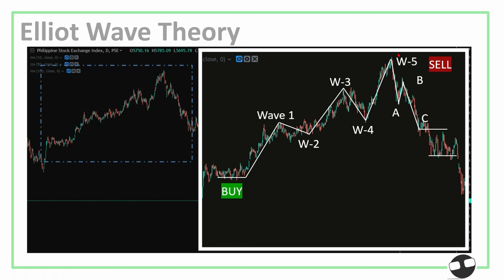And the three-phase corrective, we have here A, B, and C. So during the early waves, it would give you a buy signal. So coming from this phase here, the prices are moving sideways. And when you reach the fifth wave, that would give you the signal for a sell position, because the prices would start to decline.